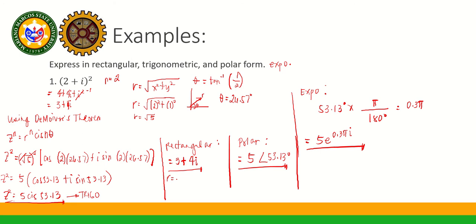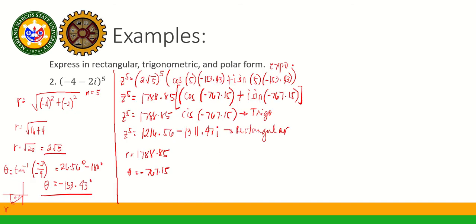So, our R will be equal to square root of 3 squared plus 4 squared. So, this is equal to square root of 25, tama. Therefore, our R is equal to 5, which is true. And then, for our theta naman, this is tangent inverse of 4 over 3. So, this is equal to 53.13 degrees. So, tama naman siya. Okay? So, ganun yung pag-check kung tama yung nakuha yung sagot.